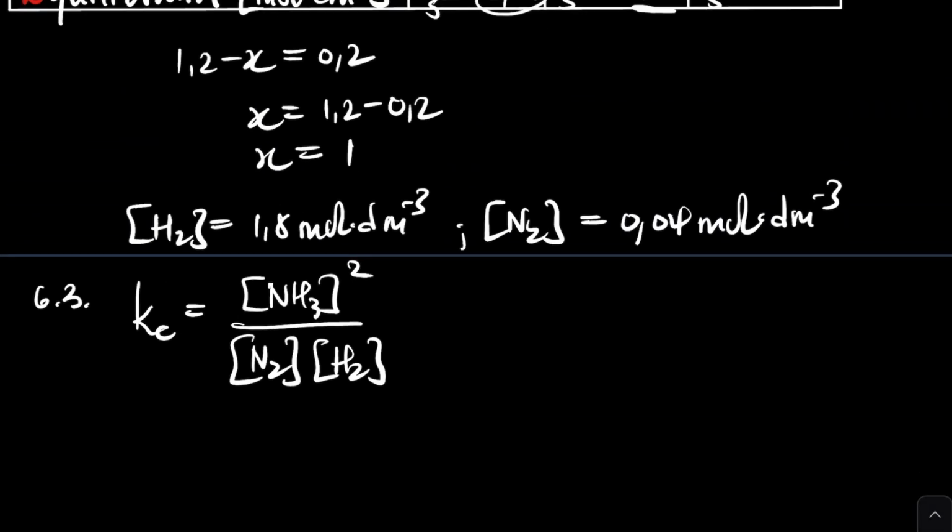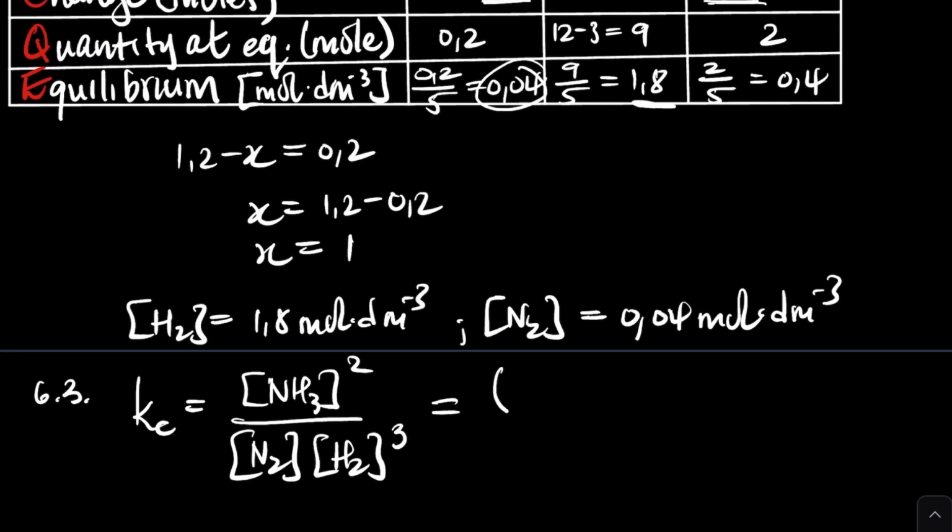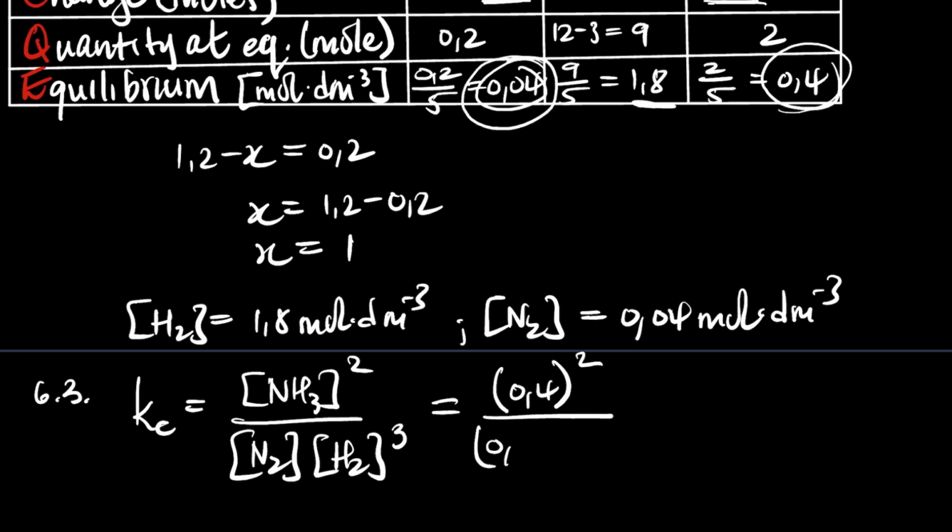So the concentration at equilibrium of ammonia is 0.4 squared, divided by the concentration of nitrogen, which is 0.04, times the concentration of hydrogen, which is 1.8 cubed.